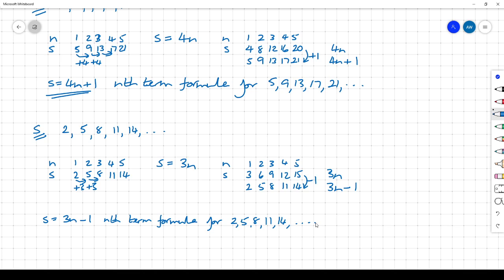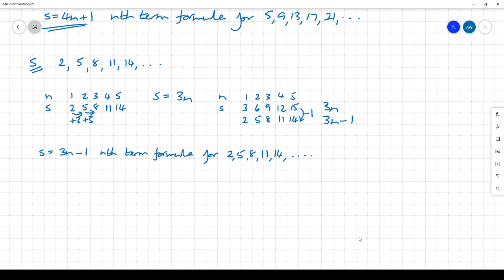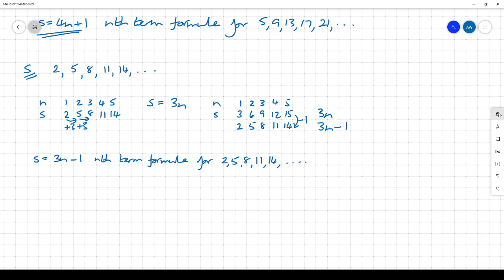What I mean by that is this formula makes this sequence. It makes the first, the second, the third, the fourth, the fifth term, like we just did, but you can also use it to make any term in the sequence. You might be asked in a question, what is the 50th term?